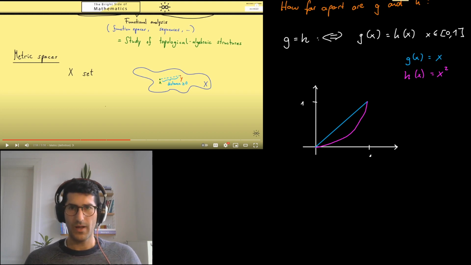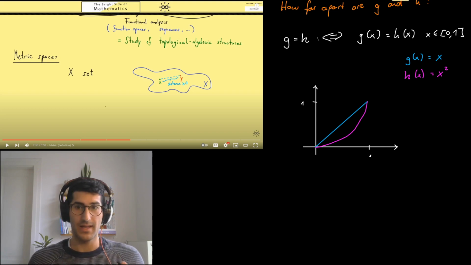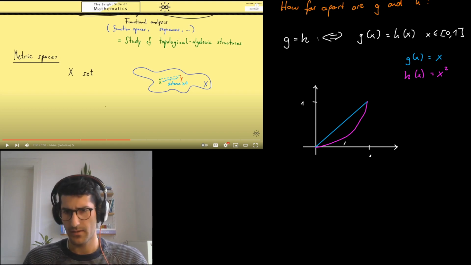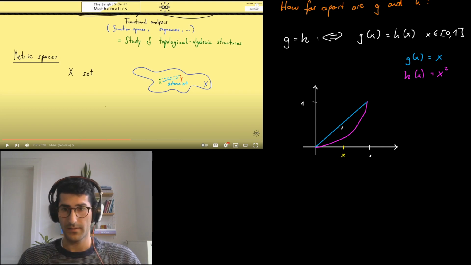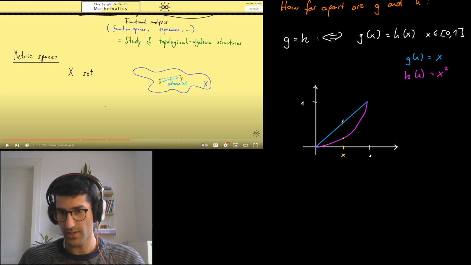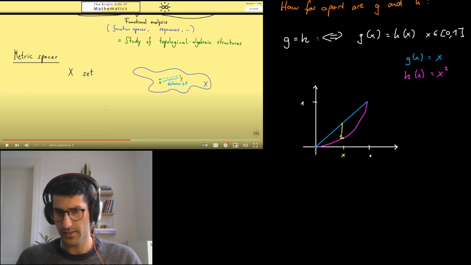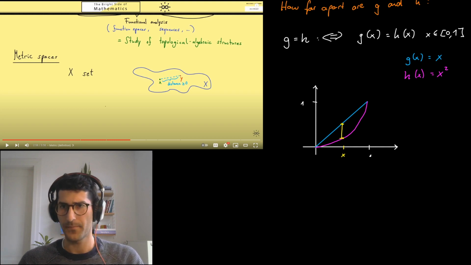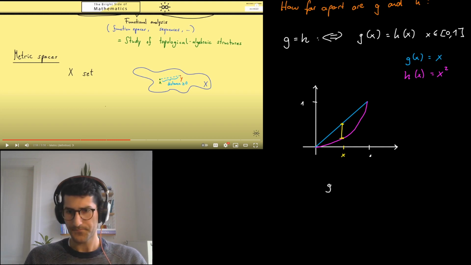So how far apart are g and h now? Naively we would say, well, let us start out with a point x. Then we have a function value h of x here, and we have a function value g of x here. So the distance between both functions, well, it just could be this vertical distance here. So we would say, well, just calculate g of x minus h of x.